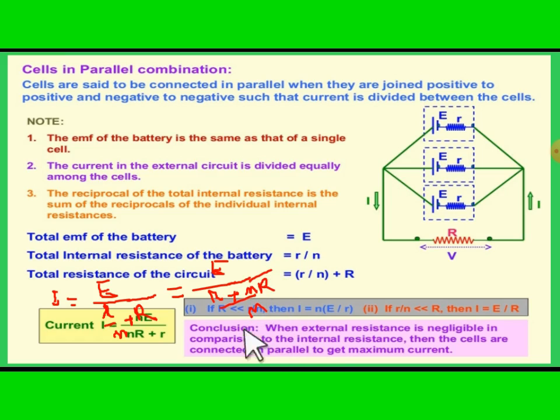So your n can be brought into the numerator, then it will be nE divided by r plus nR, or you can write nR plus small r. That is what I have written here in a very short way, so you can see that one.